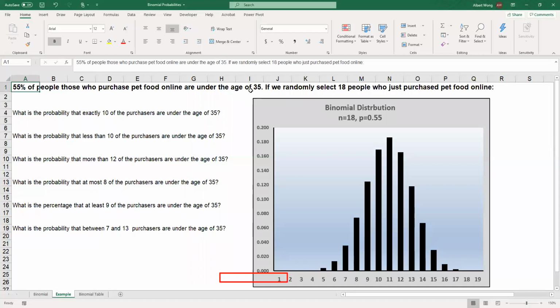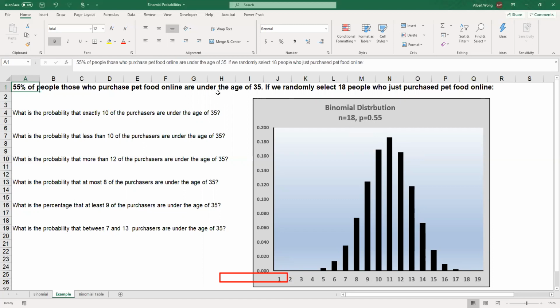If we randomly select 18 people who just purchased pet food online, we would be able to answer the following 6 questions. The first question is, what is the probability that exactly 10 of the purchasers are under the age of 35? Now again, just to show you very quickly, the probability distribution of this binomial distribution with n equal to 18 and p equal to 0.55.